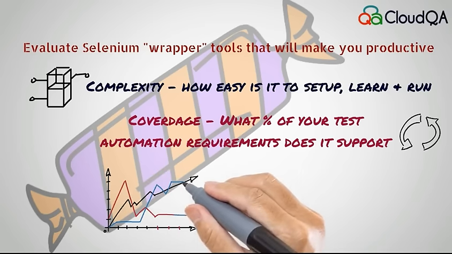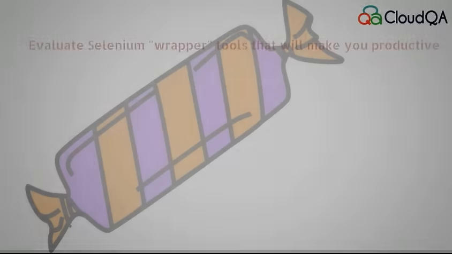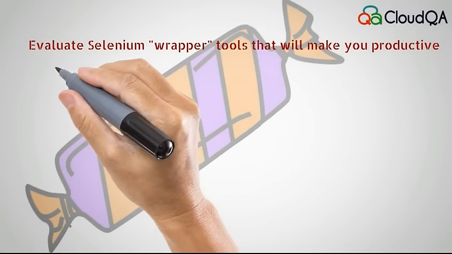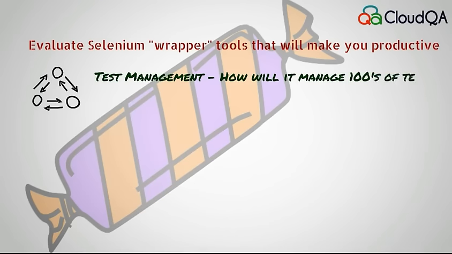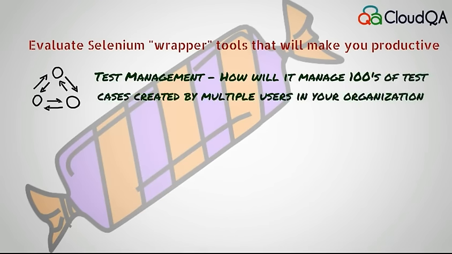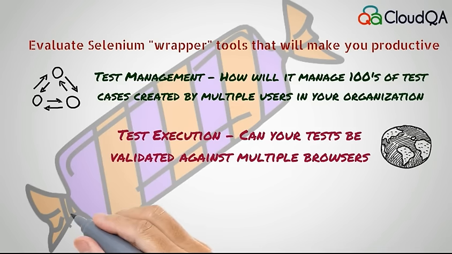You may also want to evaluate the tool on its reporting and analytical capabilities. If you are planning on creating hundreds of automation tests, you want to ensure that you have some way of managing these tests effectively. Some tools give you a very easy way to test your application against multiple browsers, and you may want to consider this as well.